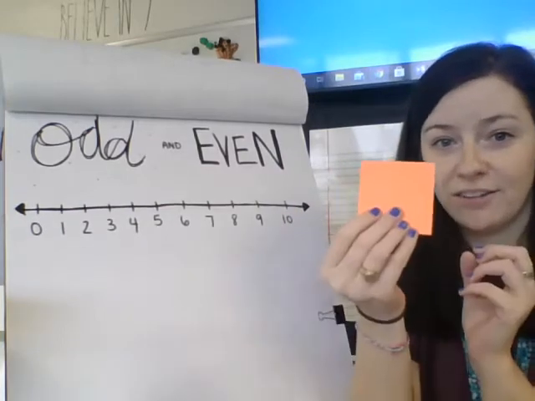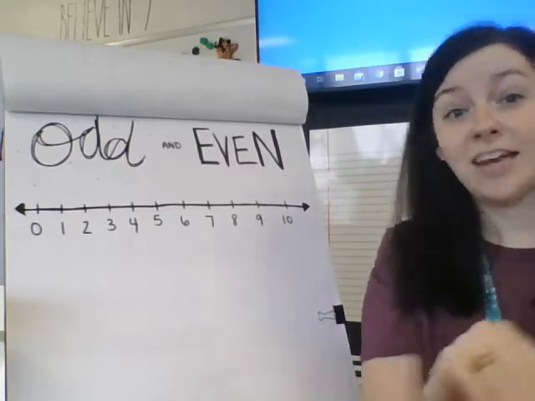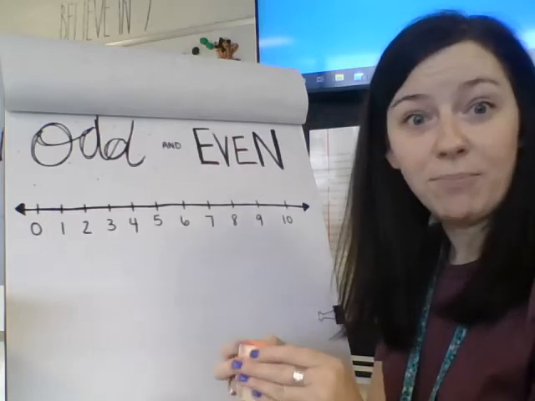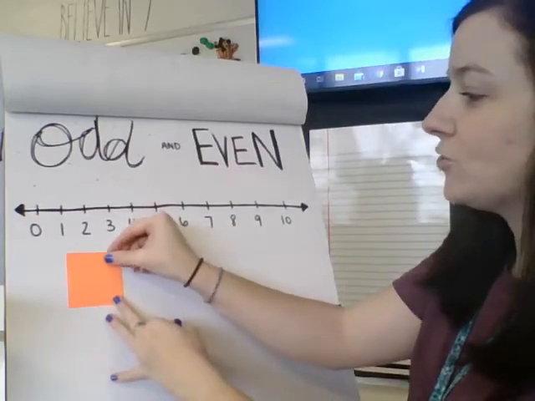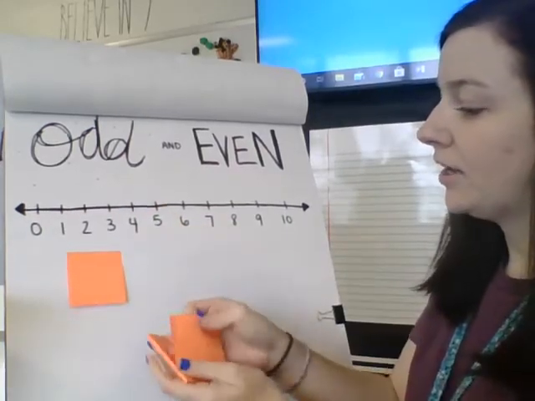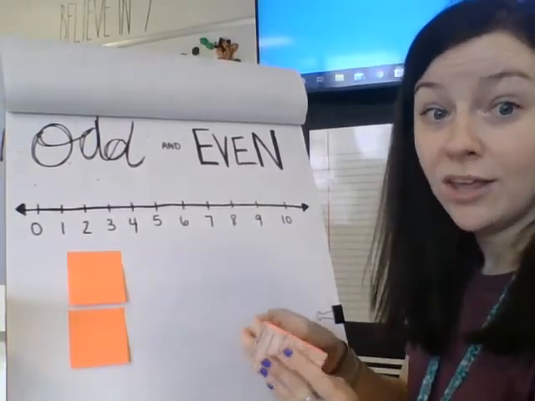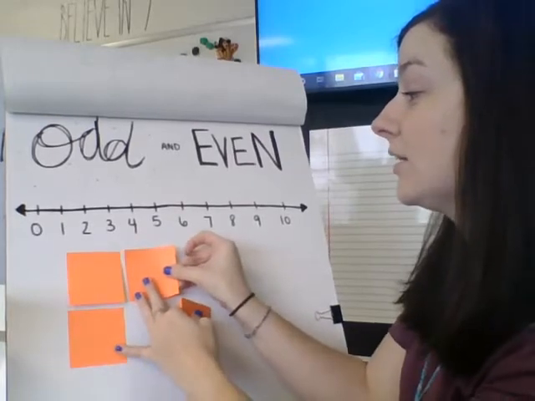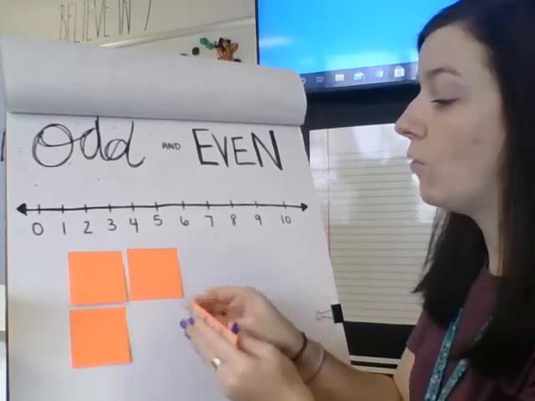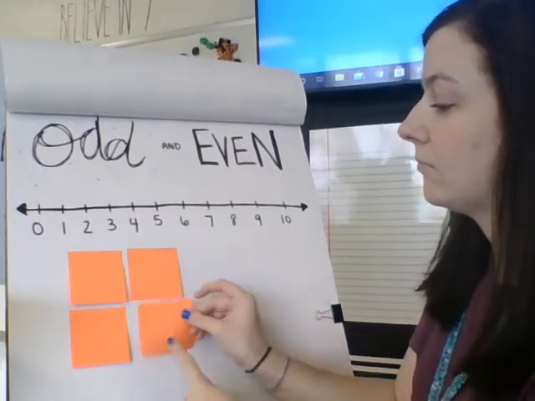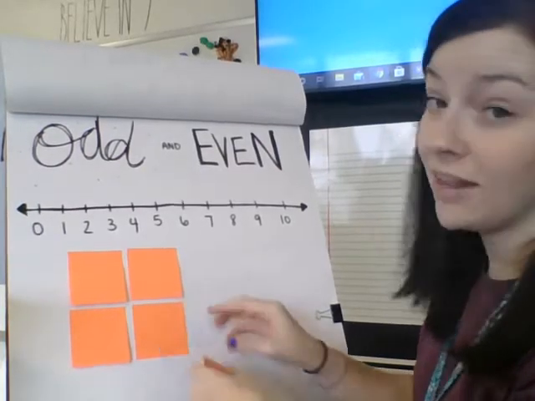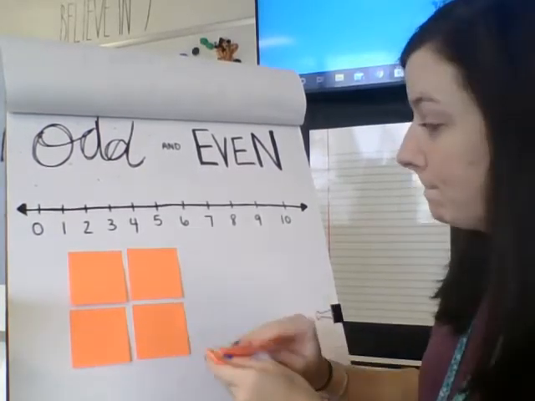I'm going to use 5 sticky notes, and I put them in 2 rows because I want to know if they have partners. So I have 5. There's 1, and then here's its partner 2, and then 3, and 4, and then I'm doing the number 5, so I'm going to put 1 more.